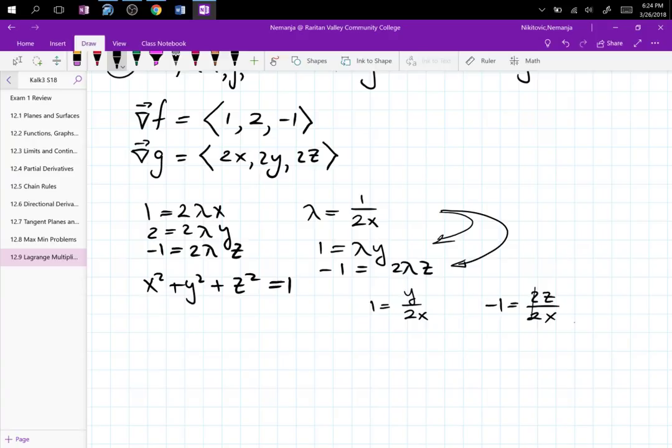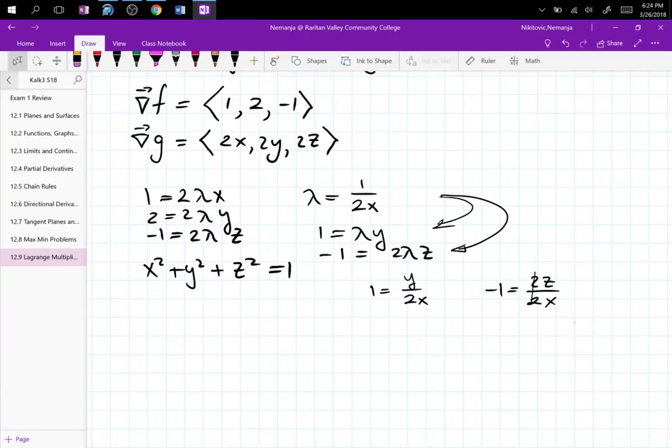And the 2 is cancelled. So now, from the first equation, I have that y is equal to 2x, and from the second equation, I have that negative x is equal to z. So z equals negative x.